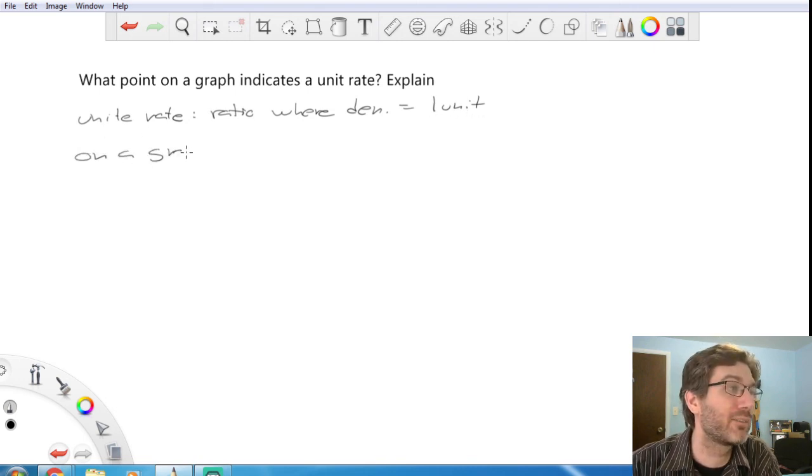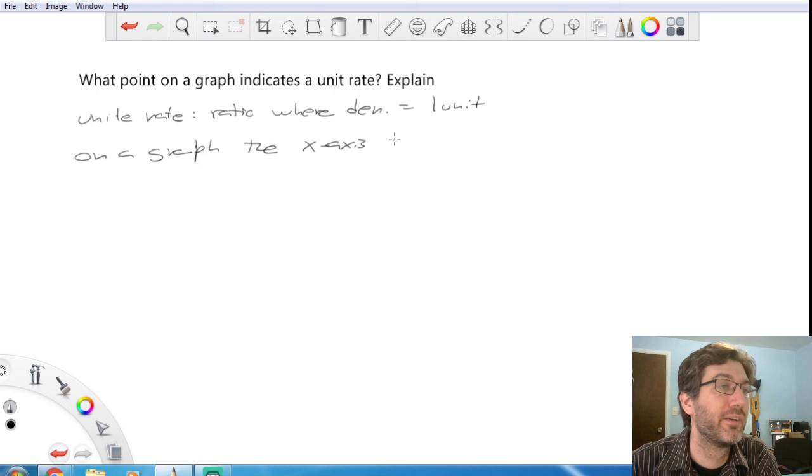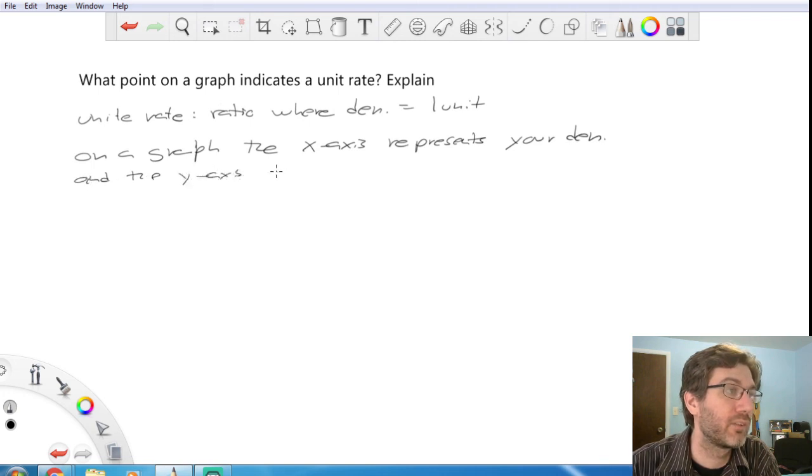On a graph, the x-axis represents your denominator and the y-axis is your numerator.